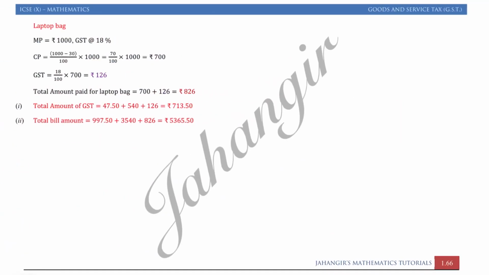Now the third is the laptop bag. The cost of the laptop bag is rupees 1,000 and it is available at a 30% discount. So let's say this is the marked price, 1,000, and it is available at 30% discount. So 70 upon 100 into 1,000, that is rupees 700, at which it is available.